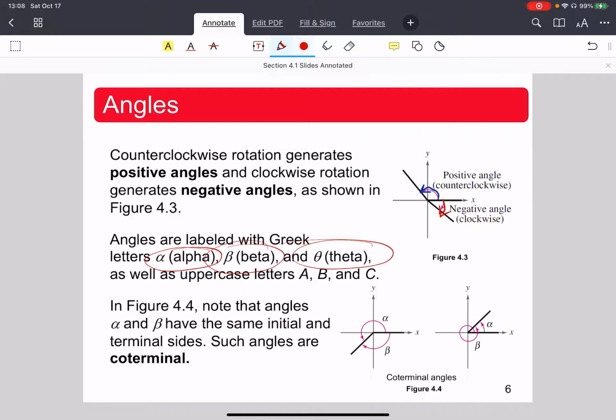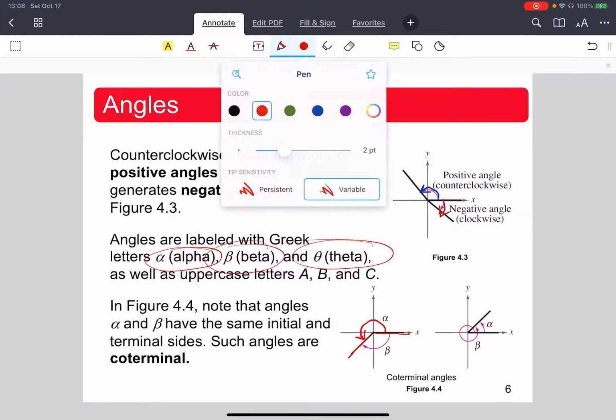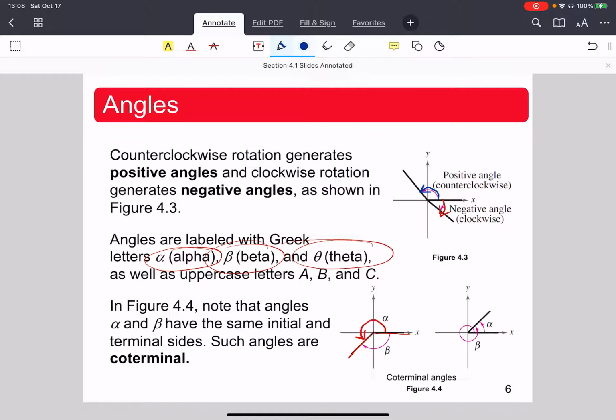In figure 4.4, we note that alpha and beta have the same initial and terminal sides. On the first image, alpha looks like this: initial side, then terminal side. For beta, we use the same initial side and end up at the same terminal side. It's just a different perspective. You'll realize alpha and beta are coterminal.